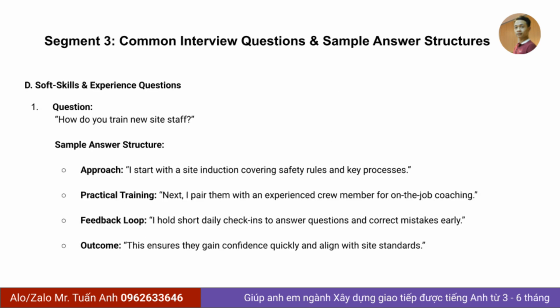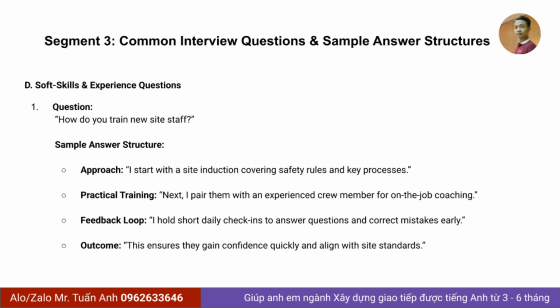D. Soft skills and experience questions. Question: how do you train new site staff? Sample answer structure. Approach: I start with a site induction covering safety rules and key processes. Practical training.